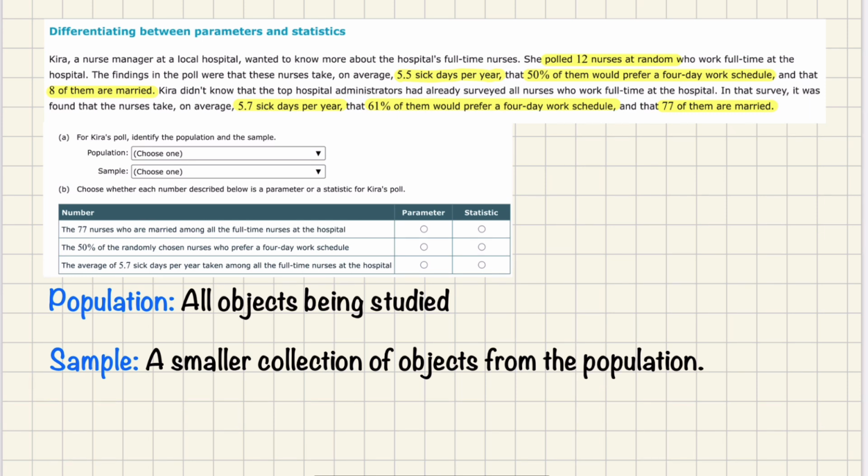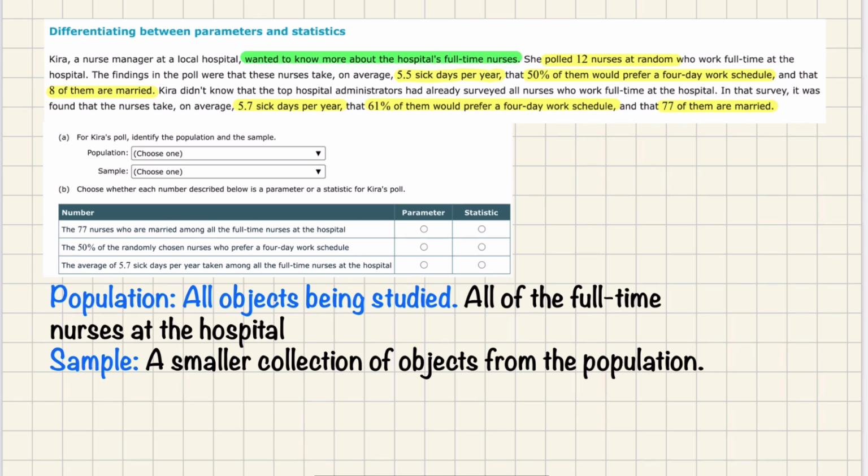And we'll start by recalling that the population is all of the objects being studied, while the sample is a smaller collection of those objects. And from this situation, we know that Kira wanted to know more about the hospital's full-time nurses. So she wants to know about all of the full-time nurses.